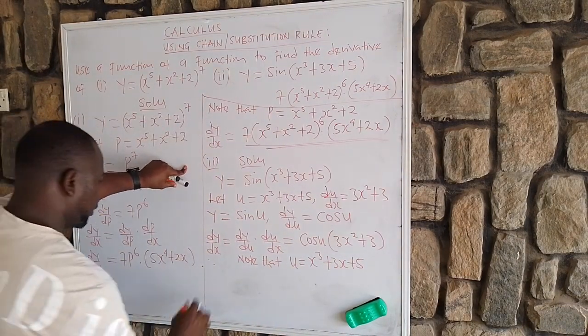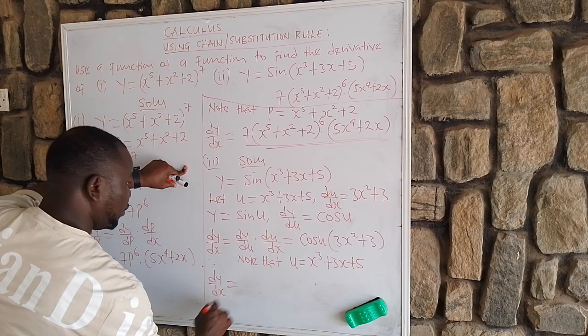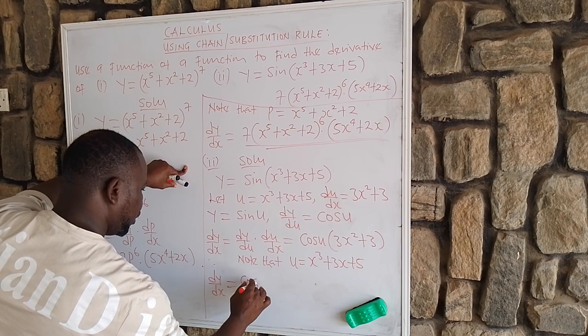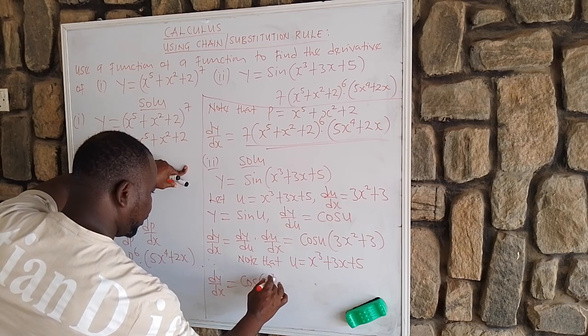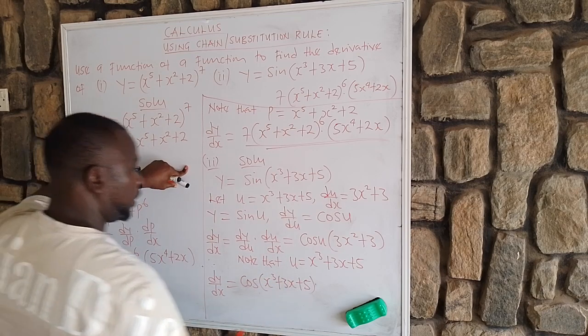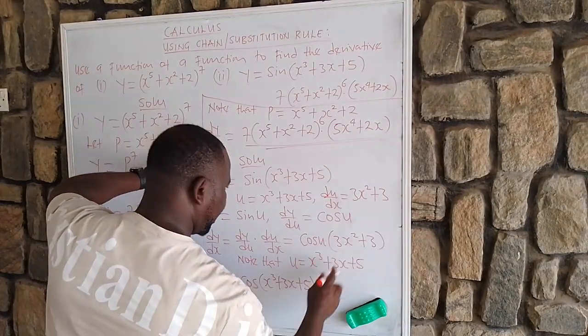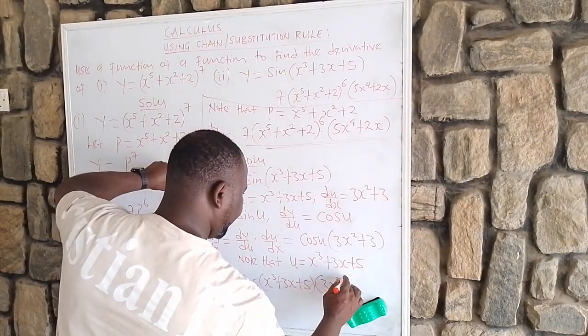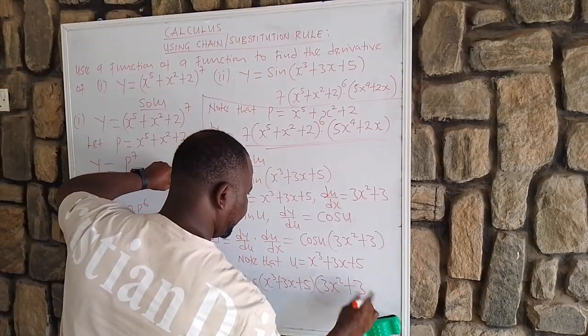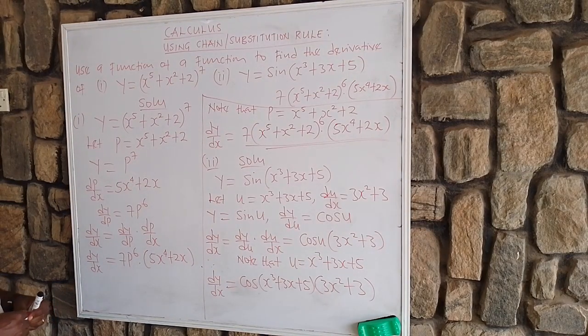True or false? So therefore our dy over dx will be equal to cos, open bracket, x raised to the power of 3 plus 3x plus 5, close bracket, times 3x squared plus 3, because your u is this. This is the final answer, and this is how you are going to solve this type of problem.